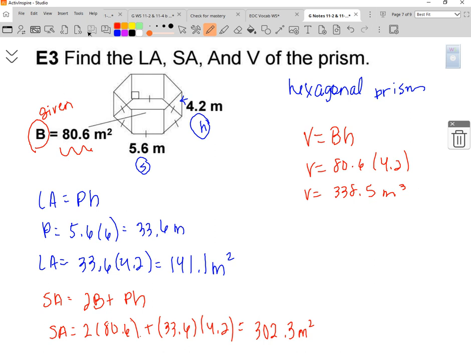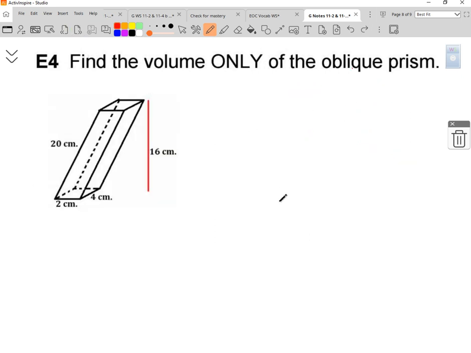All right, and the last one is an oblique rectangular prism. Right? This we have to know is the height. Remember that perpendicular? That is how tall this prism would be if it were standing on its end, or standing on the base. So we're only finding the volume, area of the base times the height. The base is a rectangle.